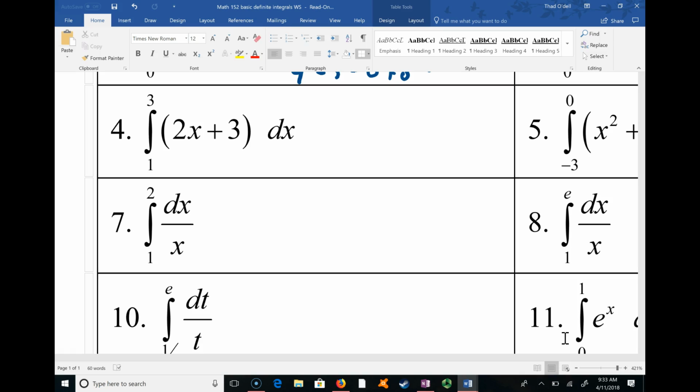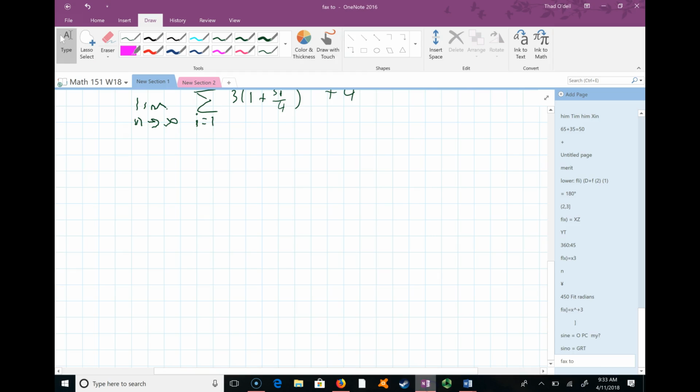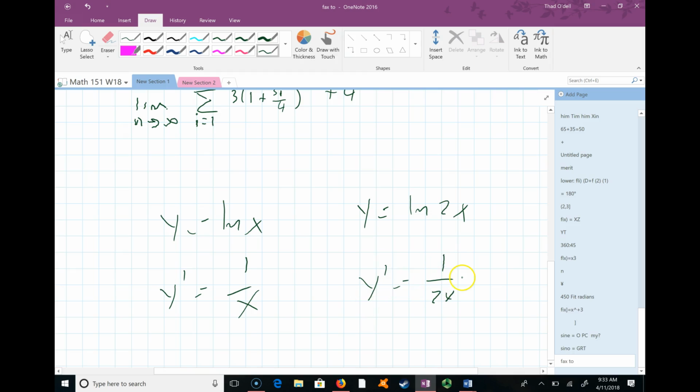But since you all have been practicing your basic derivatives, you have probably done this in the last couple of weeks, I don't know how many times. Y equals ln x, y prime is 1 over x. Or y equals ln 2x, y prime is 1 over 2x times the derivative of 2x, which is times 2, so that's just 1 over x.